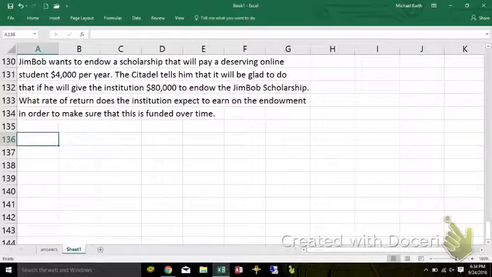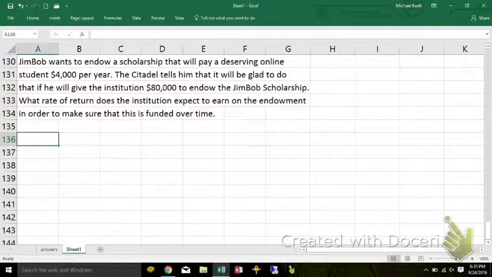One of the most common ones you might be familiar with are scholarships, and that's how colleges endow scholarships. They ask the donor to give them a certain amount of money, and they will fund the scholarship payments out of that. They never touch the principal.